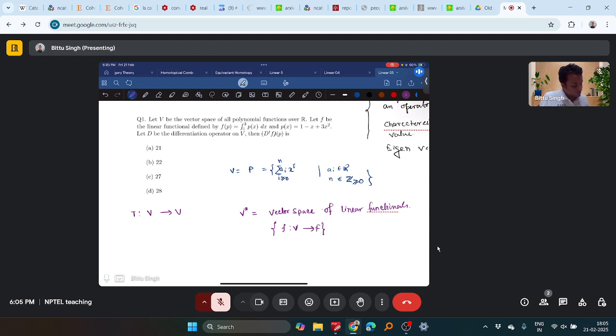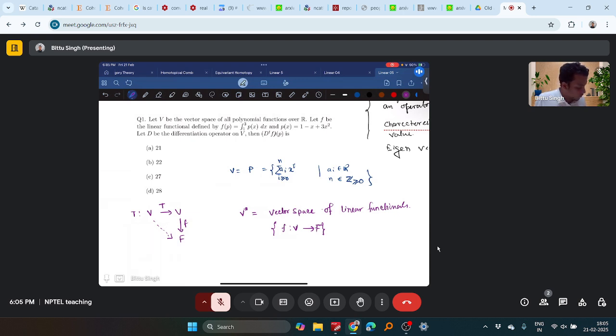Now, if we take any such functional f, we have a map from V to the given field F. Then clearly, if we compose with this linear transformation, we'll get a map from V to F. Therefore, what is the map we are getting?